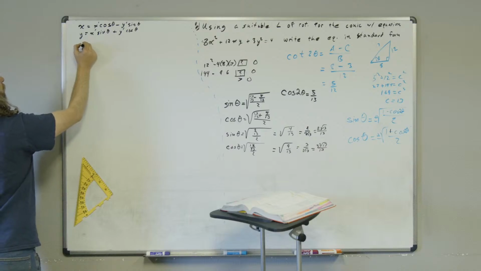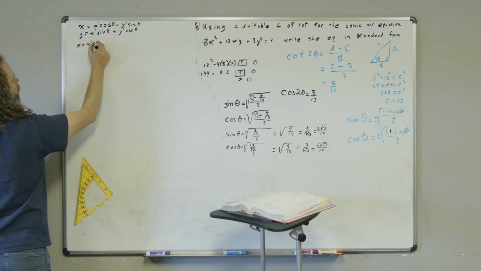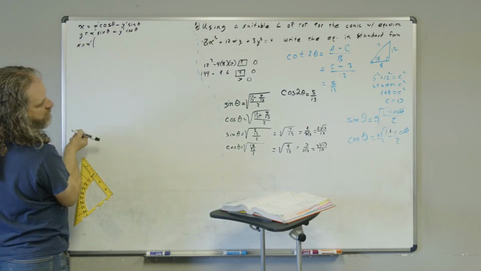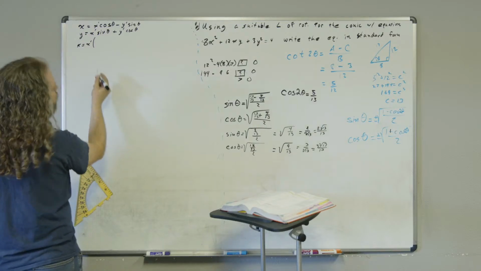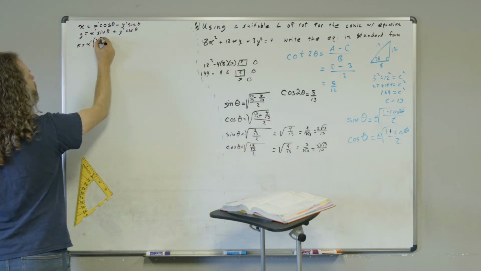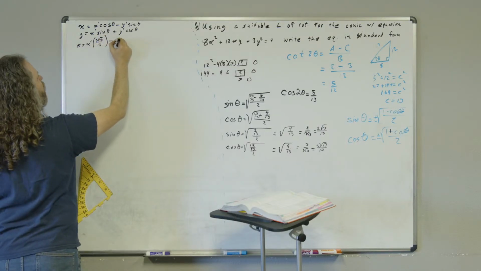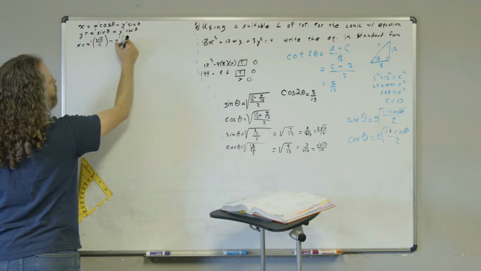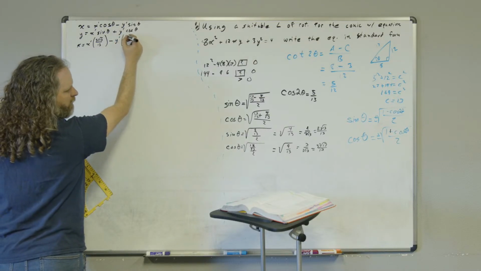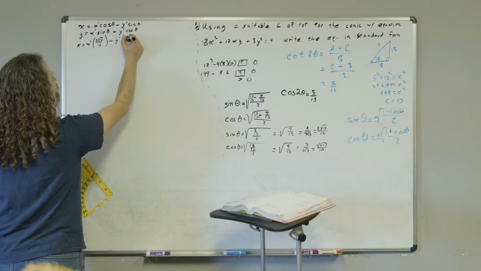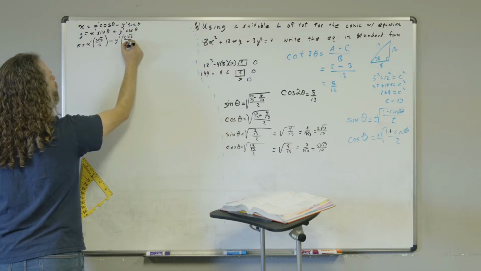So x equals x prime times 3 times the square root of 13 over 13 minus y prime times 2 times the square root of 13 over 13.